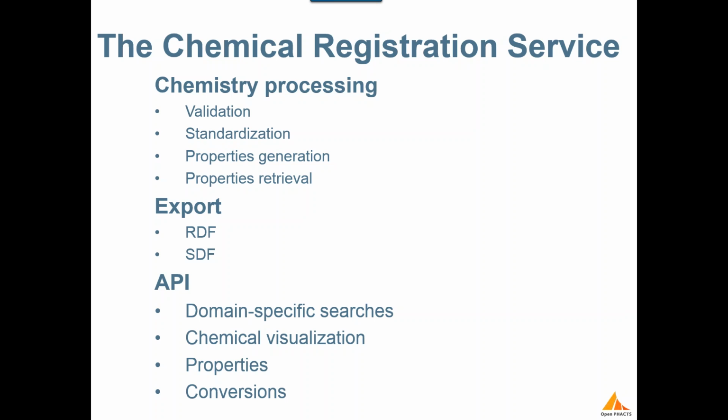The third of our deliverables is the API. And the API covers both the domain-specific searches and generation of images of chemical structures, displaying the properties, and doing some on-the-fly conversions, like from one form of identifiers to another.